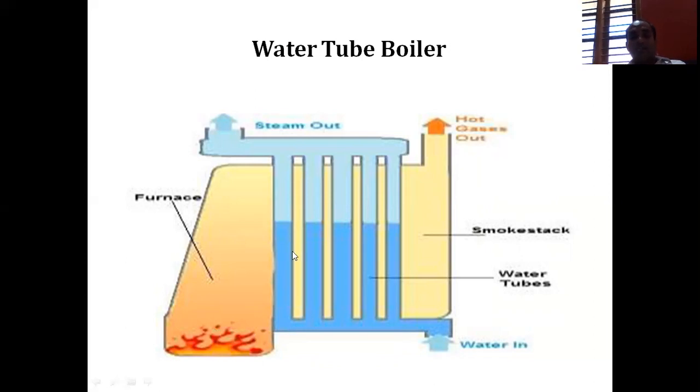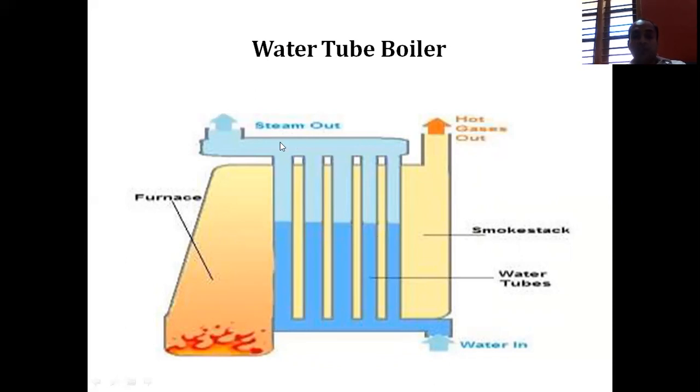Then regarding circulation, you can see here the water is present in the tubes. Once it gets heated and the steam is developed, the density of steam is less when compared to the water. That is the reason it rises to the top and flows outwards for running the turbine.